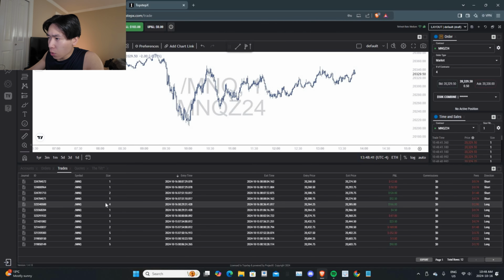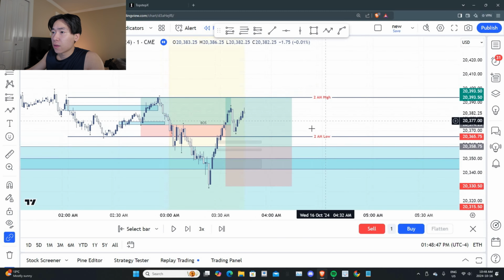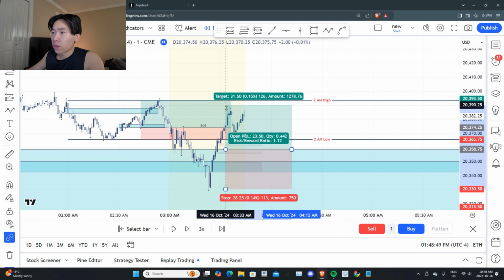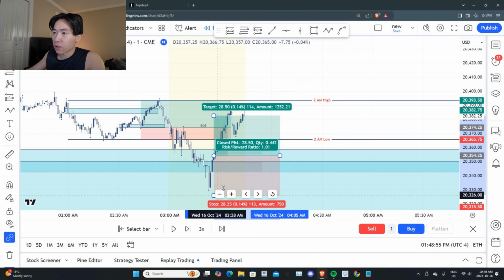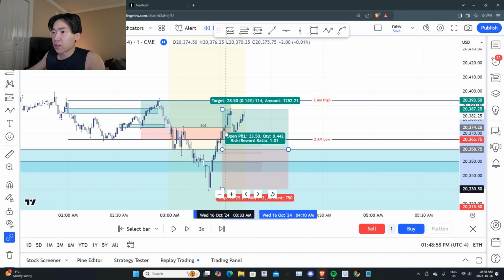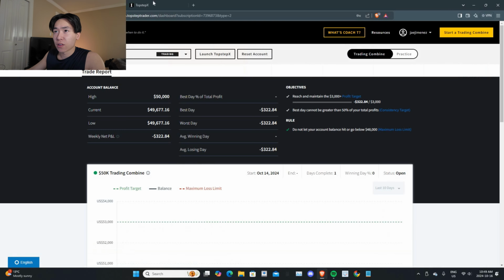So I was in 4 contracts, and then I took partials right over here. Price retraced lower, and I moved my stop loss into profit. So basically here I entered around this area, price came up, and then I think I took like 3 contracts off.